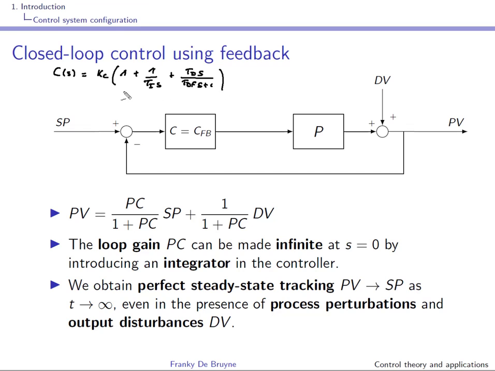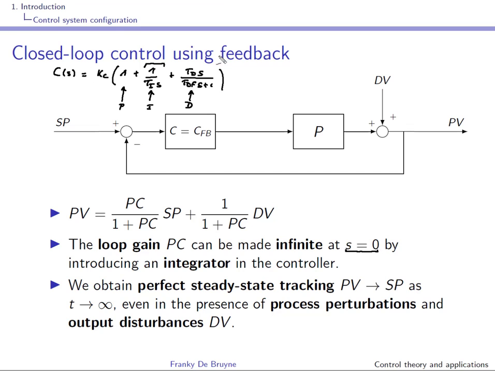We've discussed this previously. This is proportional action, this is integral action, and this is derivative action. Of course we'll review this in detail in section 4, but you can clearly see the presence of the integrator in this second term over here, and we see here that this controller has an infinite gain at S is equal to 0.